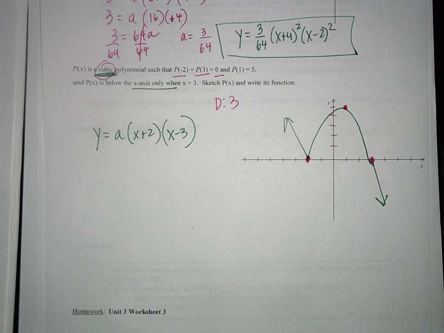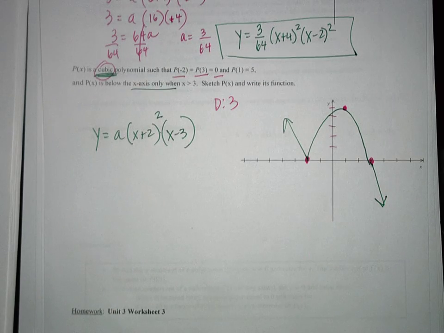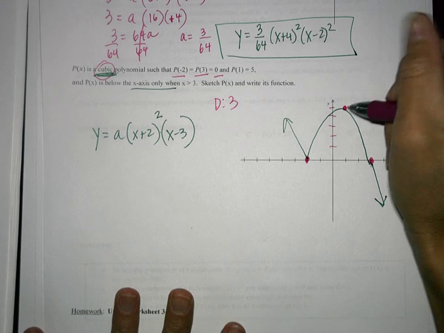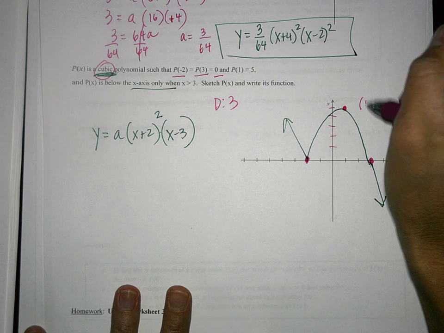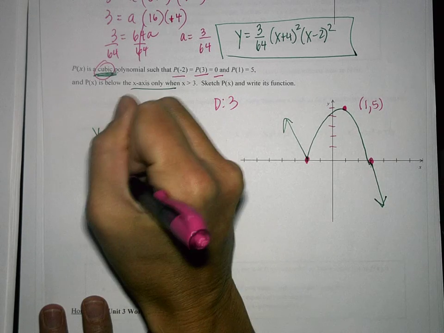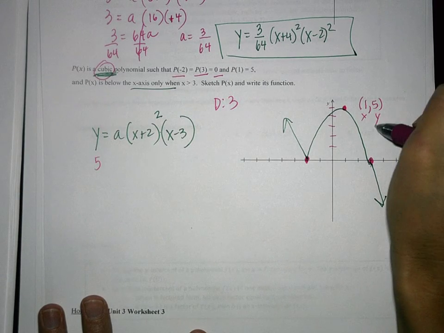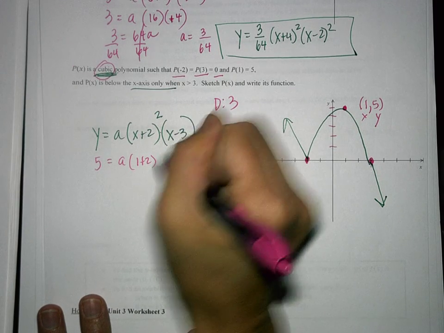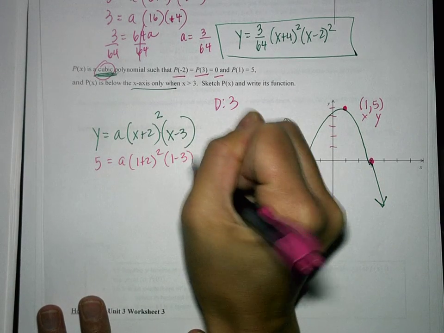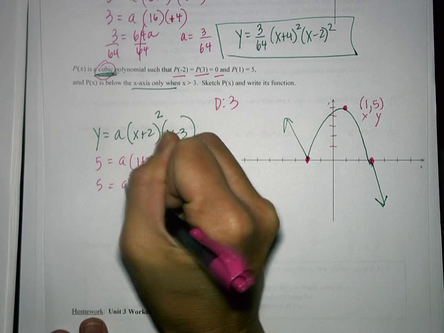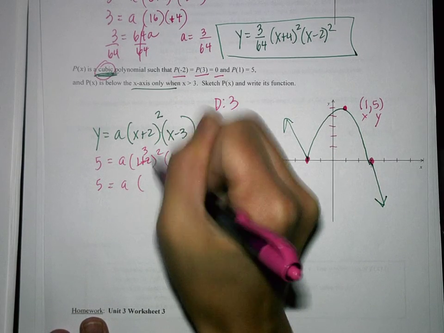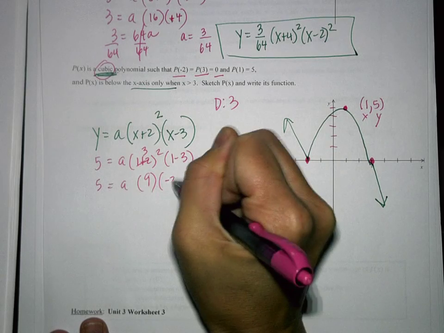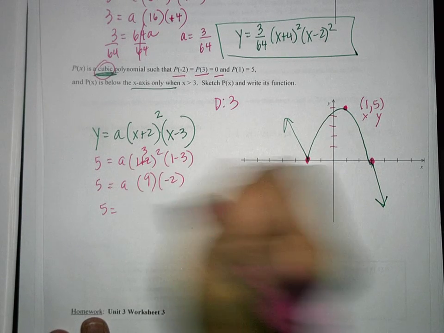X plus 2 squared. So real quick, just to finish this up, this ordered pair we know was at 1, 5. So I'm going to plug in my x and y values here. 5 equals A times 1 plus 2 squared times 1 minus 3. 5 equals A times 3 squared is 9 times negative 2. 5 equals negative 18A.